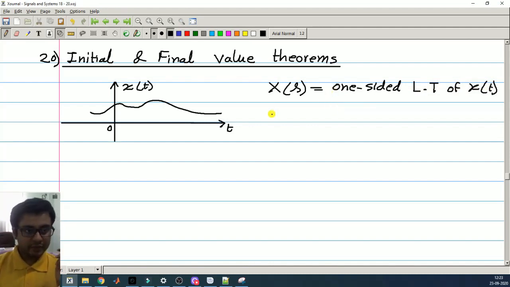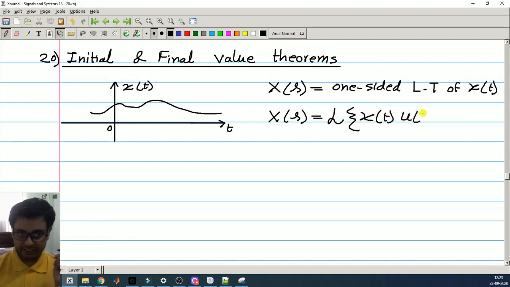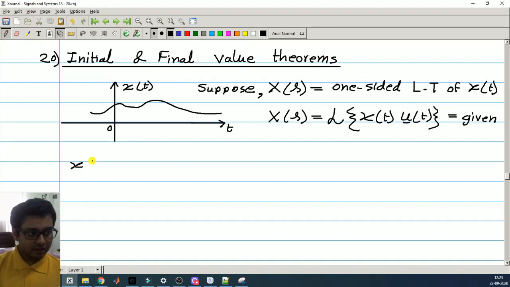Okay, so that means capital X(s) is Laplace transform of x(t)u(t), and suppose this is given and we want to know the value of x, the signal, at two particular time instants.